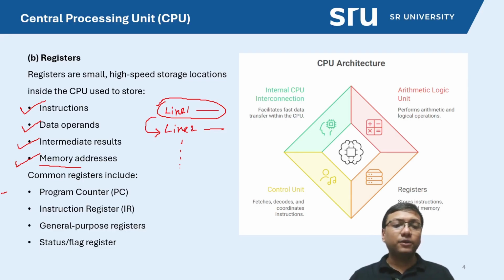In a computer also, the program counter does a similar job: when an instruction is executed, it tells what is the next address of the instruction. So this is called the program counter register. Next, the instruction register. The instruction register stores the meaning of the instruction that needs to be executed.